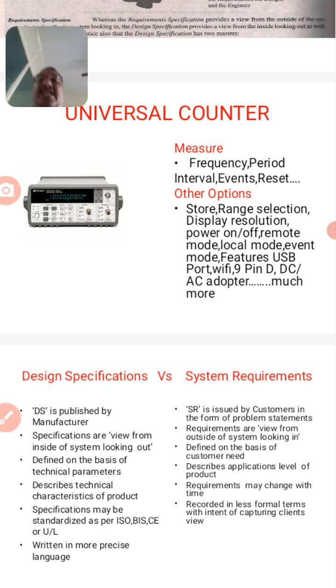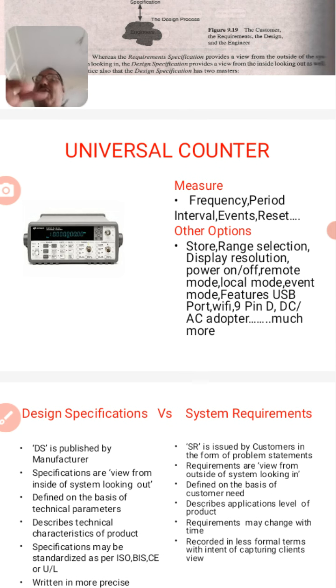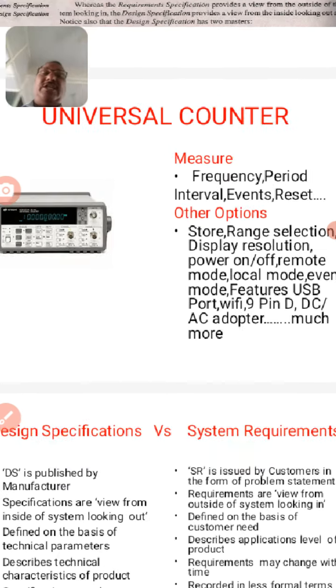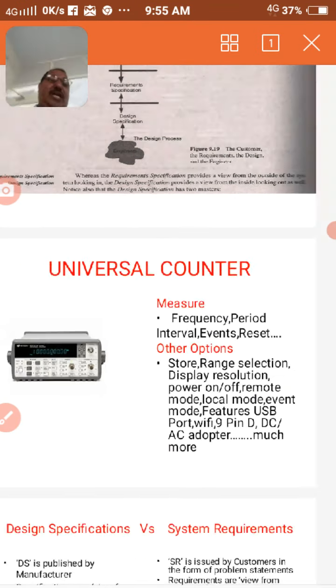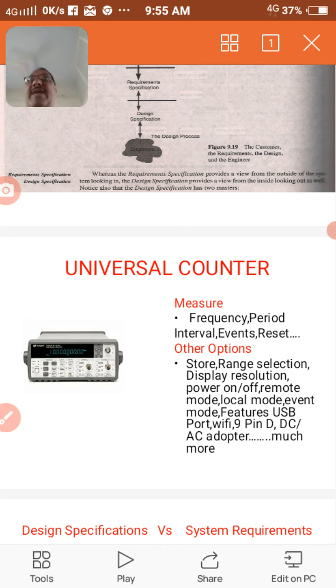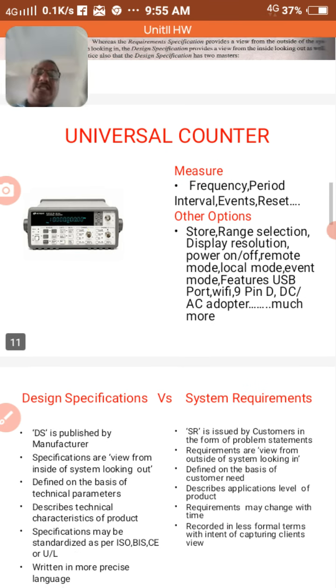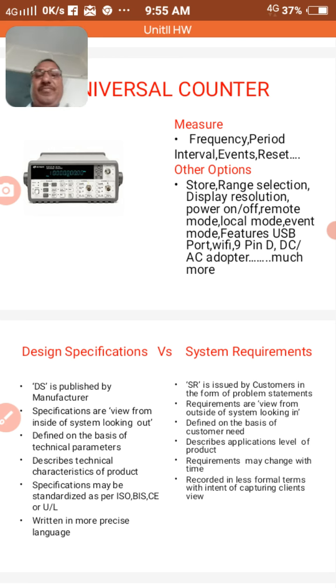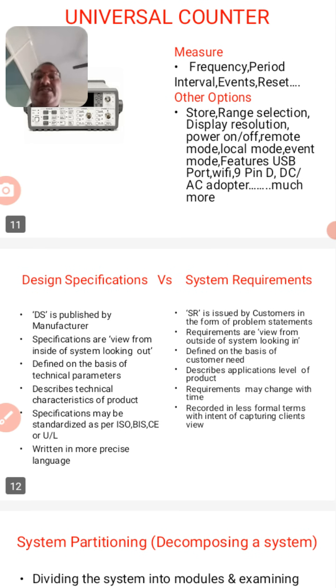So this type of product should have all these specifications. We have to take a decision on all these specifications, and according to the requirement of the market, the customers' requirement, and price demand, we will use a universal counter with all these specifications, or we will design it specifically.